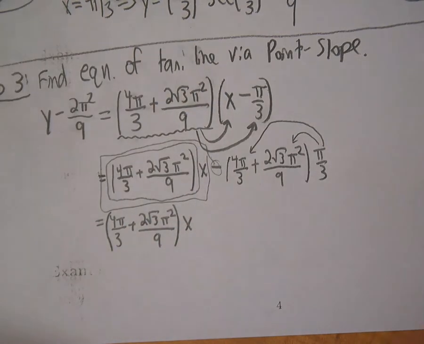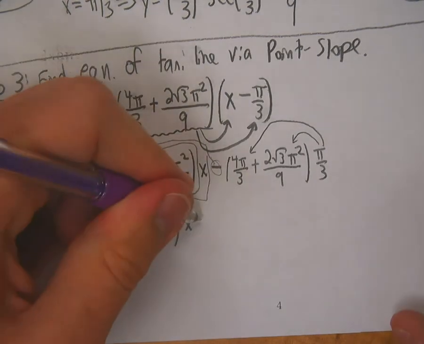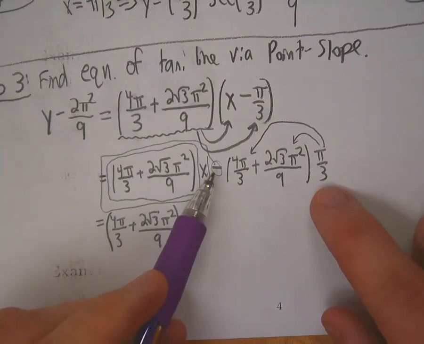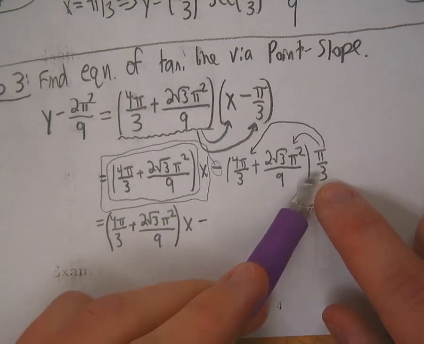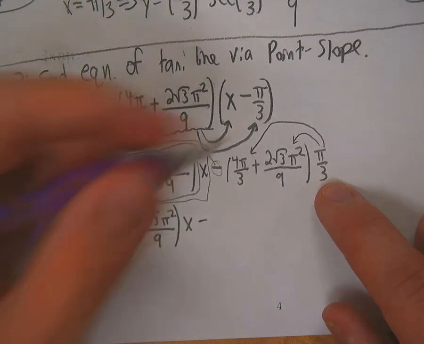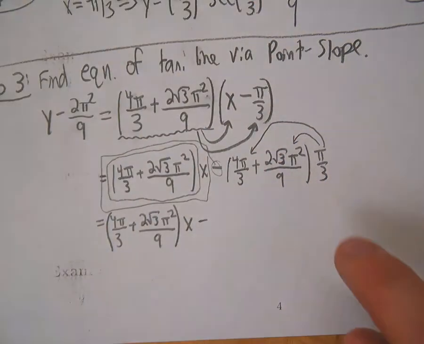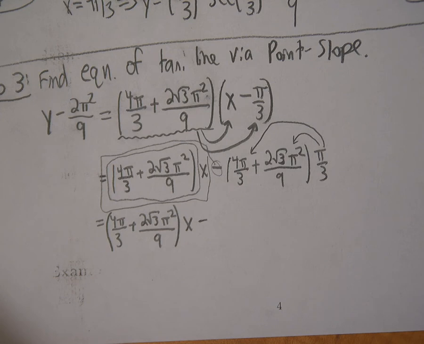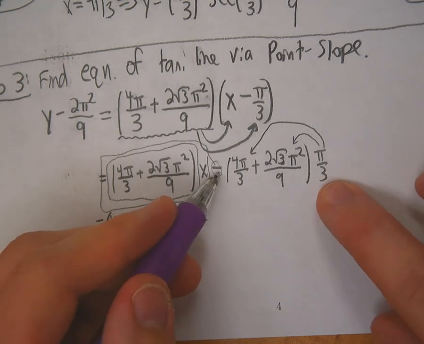So if we essentially distribute negative pi over 3 into this expression here, then what do we get as our exact value of this expression? So essentially we're distributing negative pi over 3 into here.